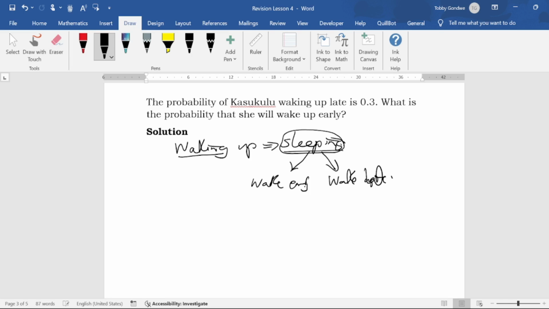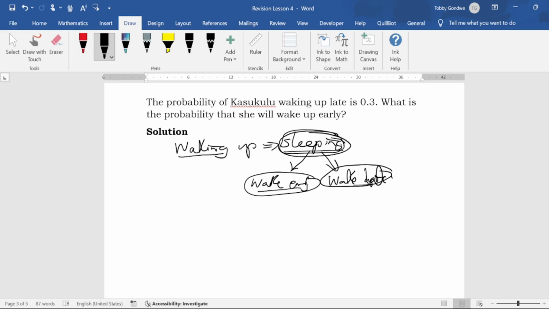And so what we are saying is that these two are mutually exclusive in relation to the sleeping issue, meaning that waking up early and waking up late cannot happen at the same time. If you wake up late, then you have not woken up early. If you wake up early, you have not woken up late.